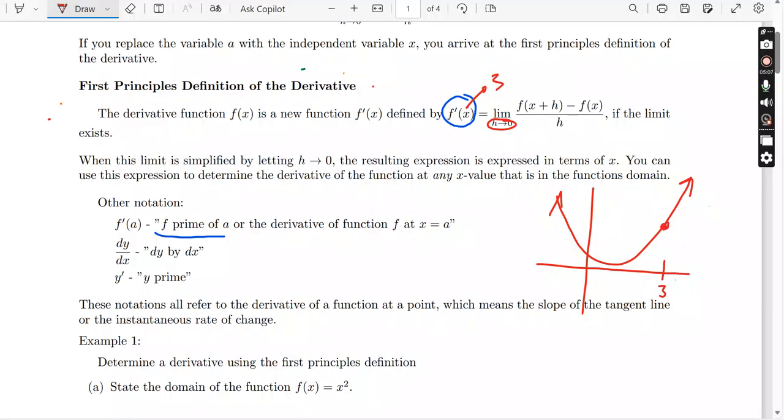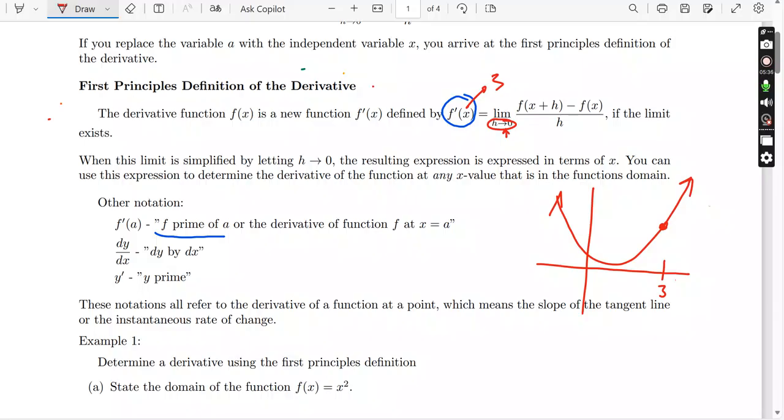At 3, then I can use 3.01, 3.001, 3.0001, 3.00000001 as h gets closer and closer to 0, where h is the difference between 3.001 and 3. So in other words, 0.001. As it gets smaller and smaller, calculating this limit will give us a fairly accurate representation of the instantaneous rate of change.